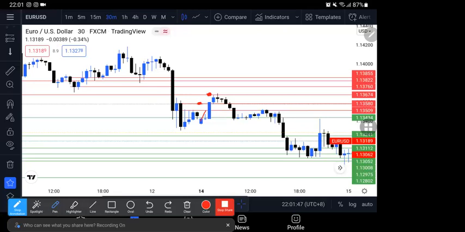So at any key level, we can stand by for entry. What we should expect after entry is whether there is any momentum, so we can hold our position, or just counter it with the bias.